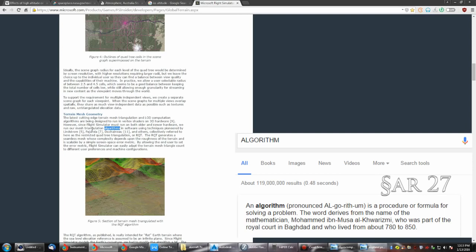And so this mesh triangulation, which actually stands for RQT, is restricted quad tree triangulation. Sorry, it was right in front of me. The restricted quad tree triangulation, or RQT, generates the seamless mesh whose complexity depends upon the roughness of the terrain. So what this is saying is just explaining how the 3D program makes mountains and textures and stuff like that.